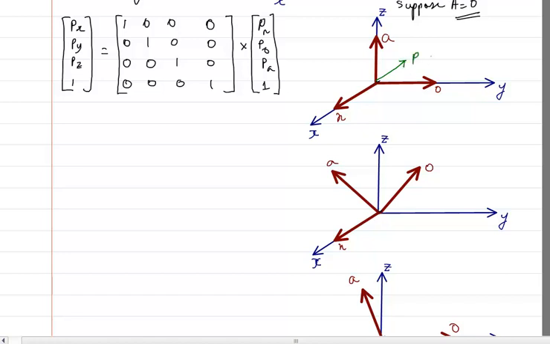So this P, which is in Pn, Po, Pa, because of the reference frame NOA, we have to find out what Px, Py, Pz are if that frame is having any shift. So if now there is no shift, there is no rotation, this was the matrix that we had told.